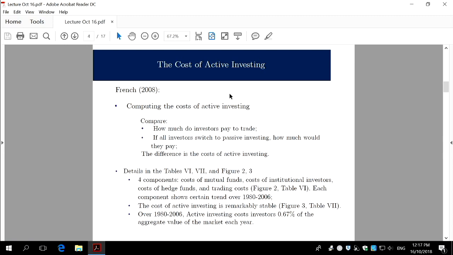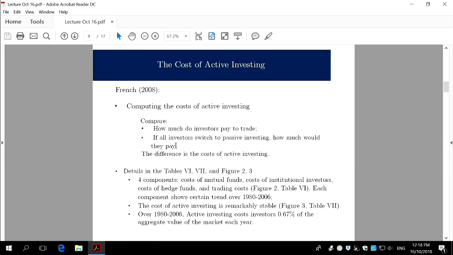Those investors suffer cost, but how much? The methodology is he compares how much investors pay to trade as active investors, with how much they would pay if all investors switched to passive investing.